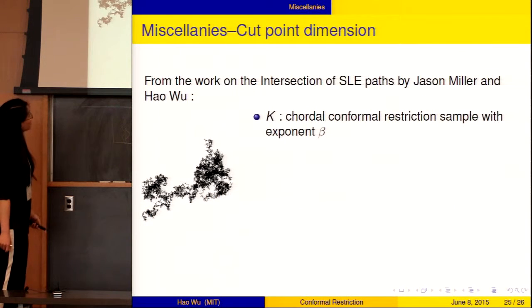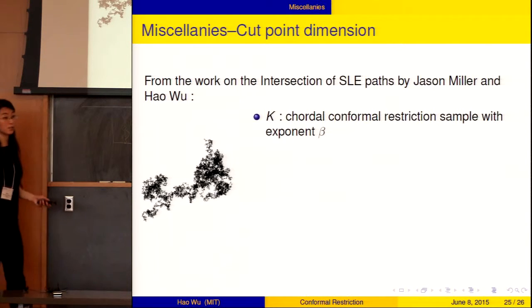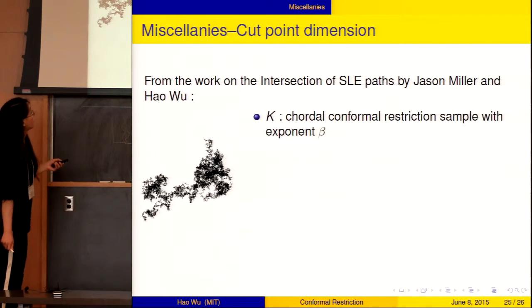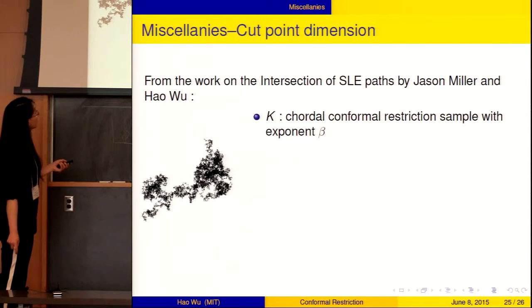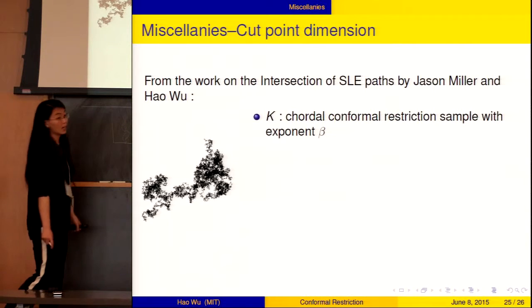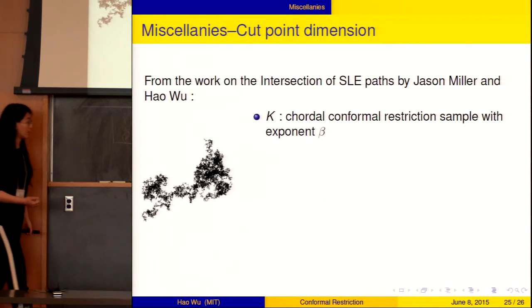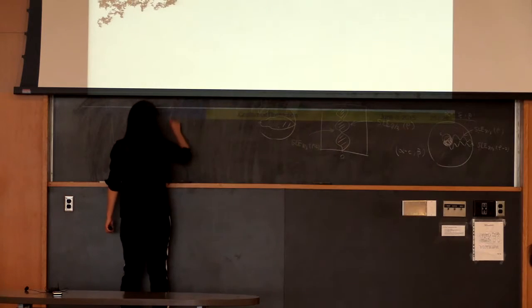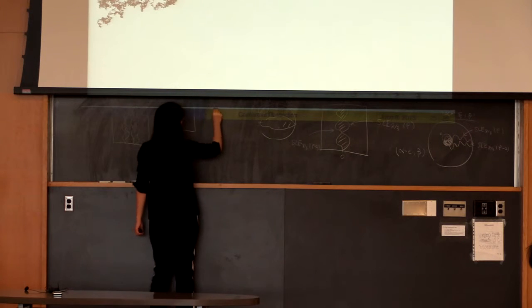And next, I will talk about the cut point dimension of this chordal conformal restriction measure. So suppose K is a chordal conformal restriction sample with the exponent beta. Let's consider the cut point of K. So what do I mean by cut point? Suppose K is connected.